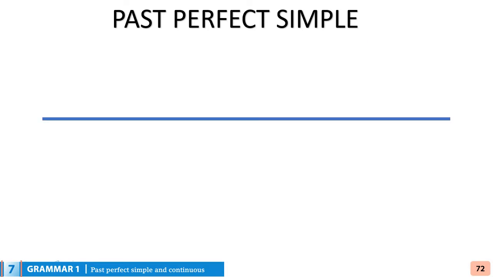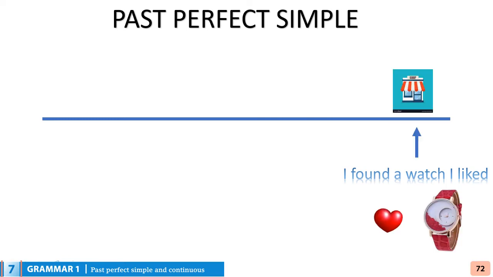So, when am I going to use it? Because I think this is the most difficult part of it, okay? To know when to use the tenses. Right. So, imagine that I'm looking for a watch, okay? And after a long time looking and visiting some shops, I finally found a watch that I liked.